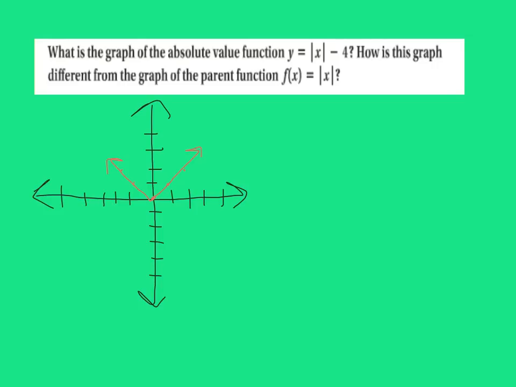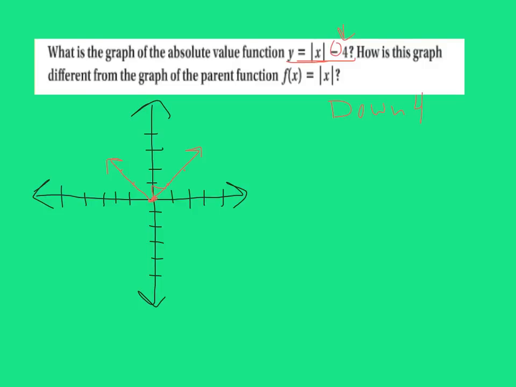So this first question says, what is the graph of this equation right here and how does it differ? Well, just looking at the equation, this 4 is on the outside, so that means it's going to be moving up or down. Since it's minus, that means it's going to go down 4. Now I already graphed the parent function. So as you can see on the parent function, the vertex is at 0, 0, and then the slope goes up 1 over 1, up 1 over 1.